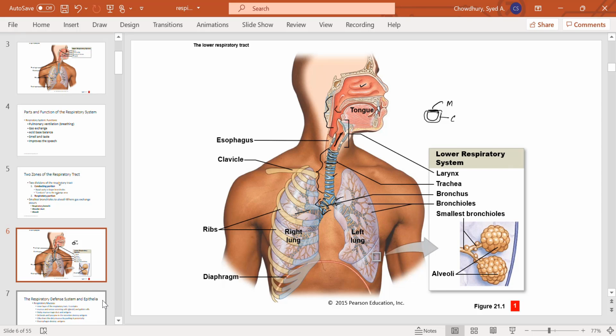The shape of the cartilages is C-shaped, and the last one you see here is the last piece of tracheal cartilage. This one is not C-shaped, this is rather like a V-shaped cartilage, and this V-shaped last piece of cartilage is called carina. So here it divides into two primary or main or principal bronchi.